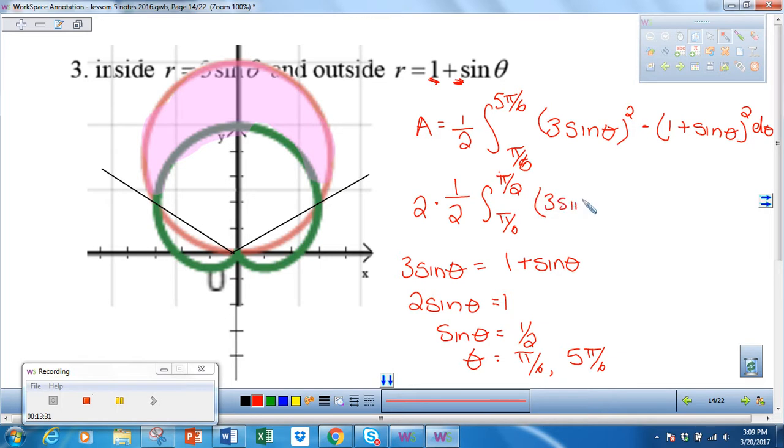And giving us 3 sine squared theta minus 1 plus sine theta squared d theta. And again, the best way of doing this is to put this in R1, this in R2, and then on your calculator do R1 squared minus R2 squared, and the answer for that is pi. Okay?